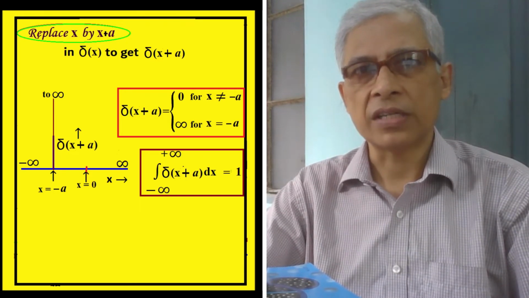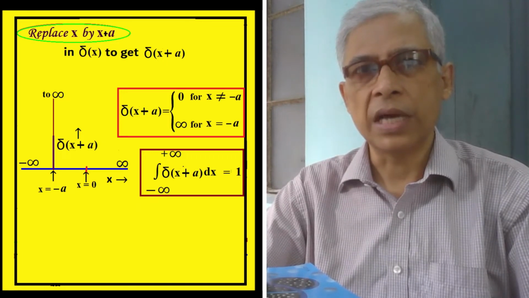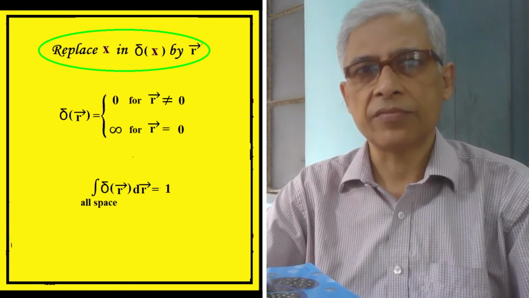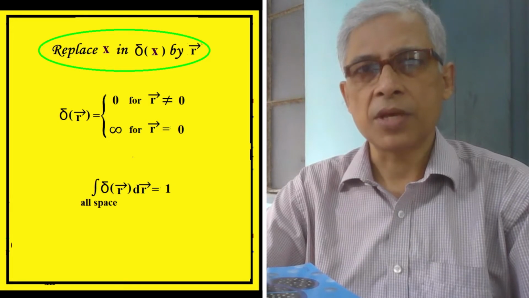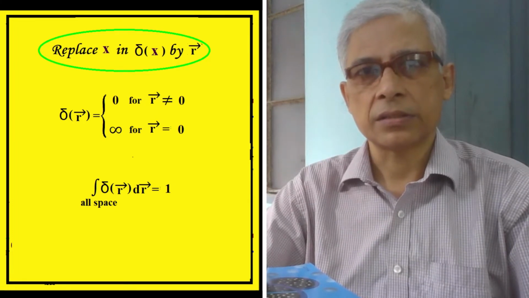We now move further to recapitulate the results we got for the three-dimensional situation. The three-dimensional Dirac Delta function, delta of vector r, can similarly be obtained by replacing x by vector r, and have a look at it.